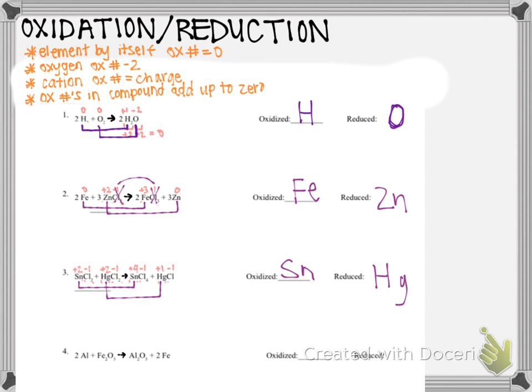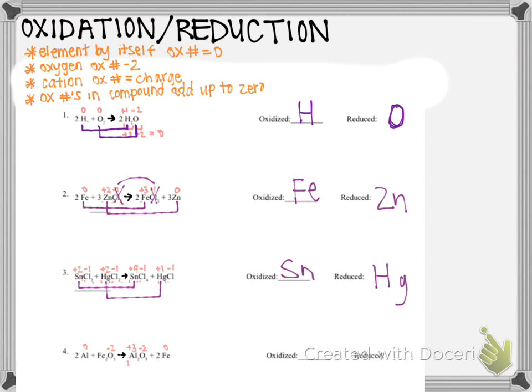And the last one, anything by itself is 0. So Al is 0, Fe is 0. Oxygen is always -2. And then the cation, or the metal, is always its charge. We know aluminum is +3.